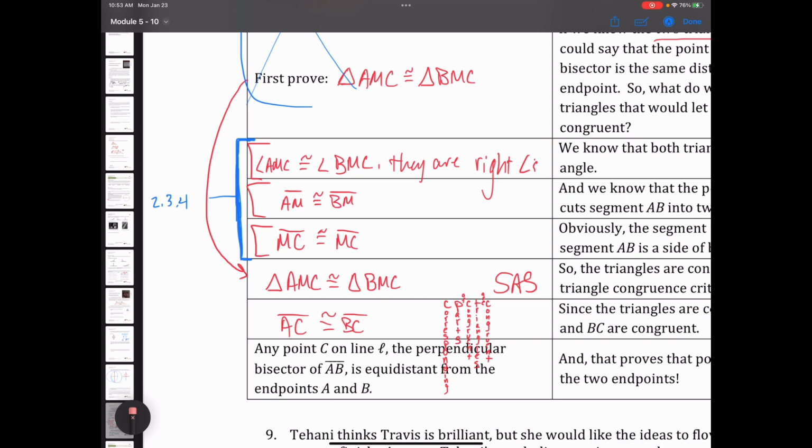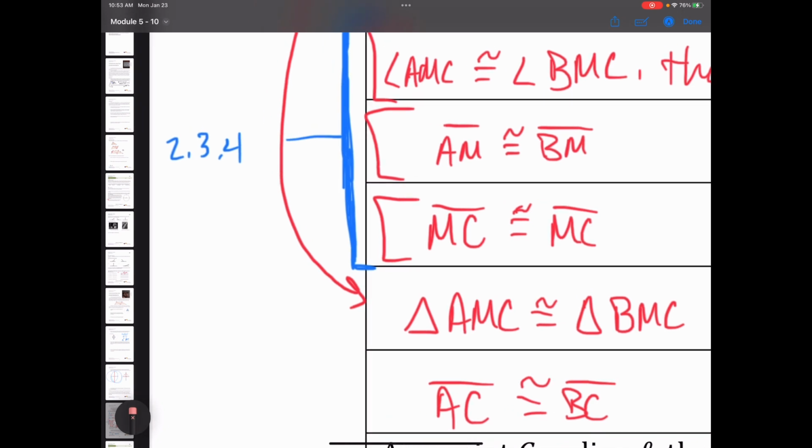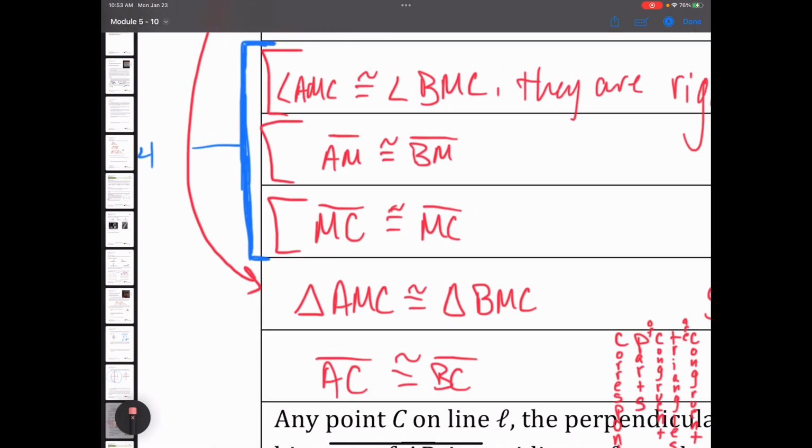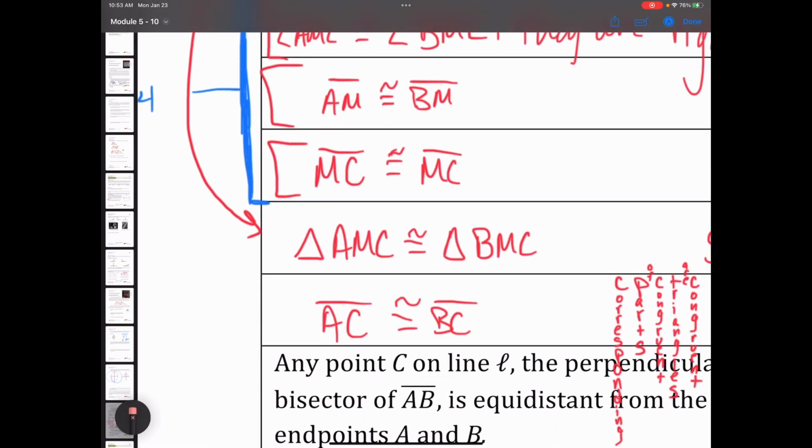I'm sorry. Where are we at? So can we say that AC and BC are congruent? Why? Because we haven't proved everything yet. What else do we need to prove? The triangles, that they are congruent.